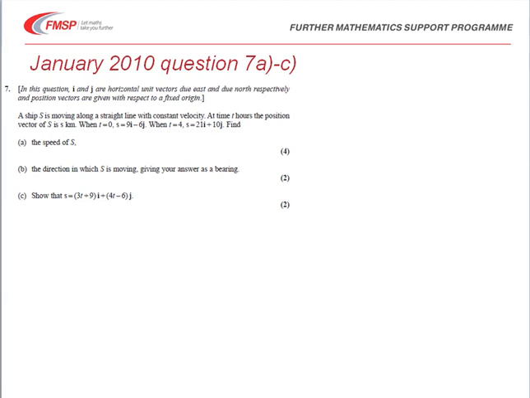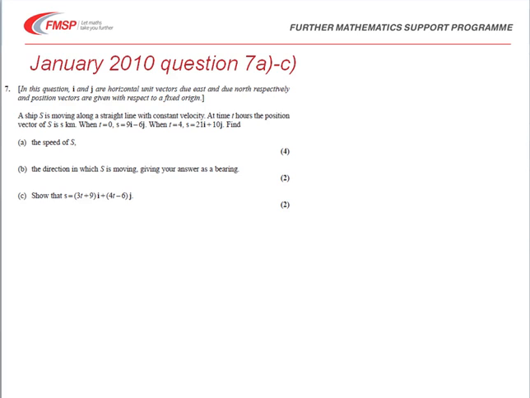Right, the final question I'm going to look at is from the January 2010 paper. This is one which is set in context. So we're looking at a ship which is moving with vectors given in the form of i and j, where i and j vectors are east and north respectively. It says first of all that the ship is moving in a straight line with constant velocity.